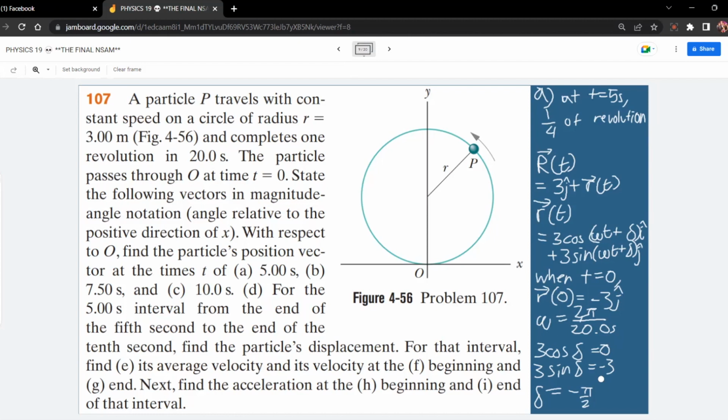So we're going to need something, no? And then average velocity and its velocity at the beginning and its end for that interval. Okay, so yeah, so you should be able to answer this, no?